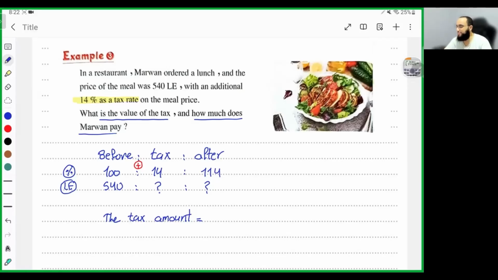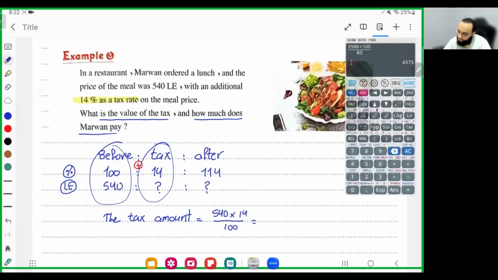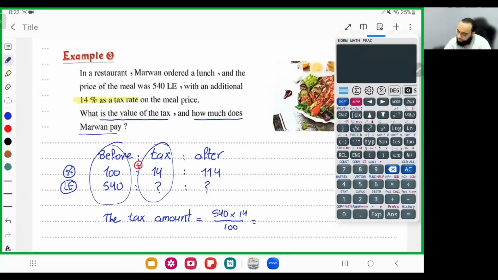What's the tax amount? How can you get the tax amount? Cross multiplication. What times what? 540 times 14 divided by 100. It's gonna be 75.6. Is it correct? 75.6.